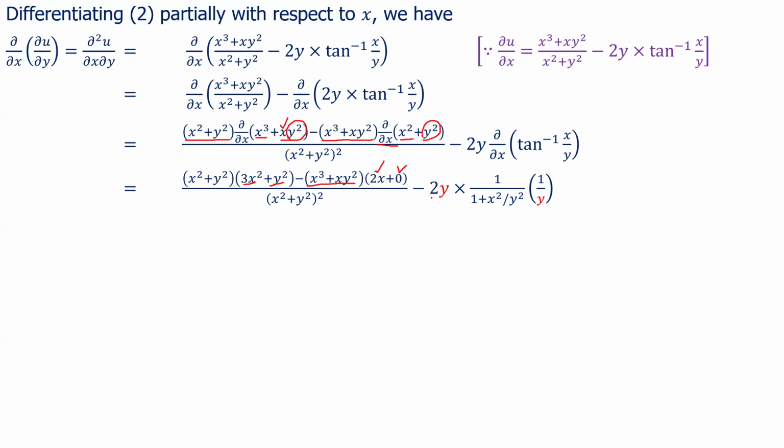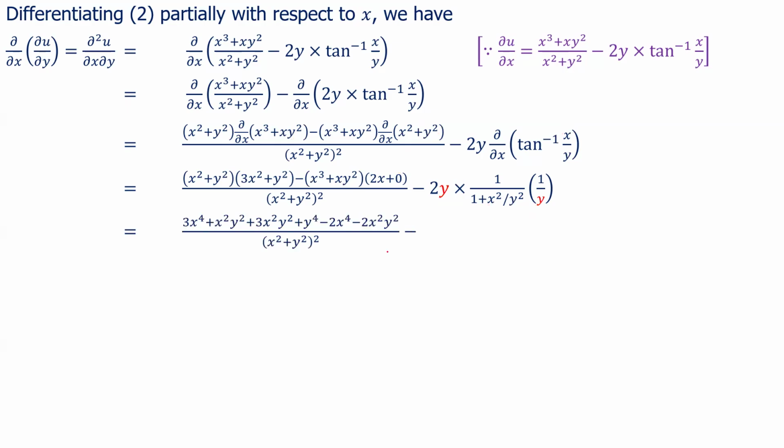In the next term, this is 2y into the derivative of tan inverse of x, which is 1 upon 1 plus x square. So in place of x, it is x by y. It is x square divided by y square. And again, the derivative of x by y with respect to x is nothing but 1 upon y. So this y and this y will cancel.